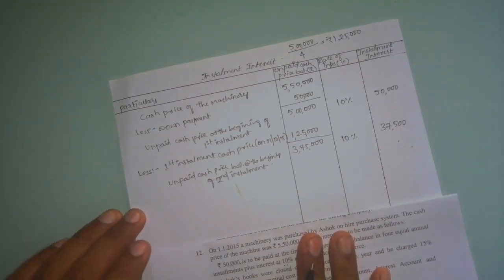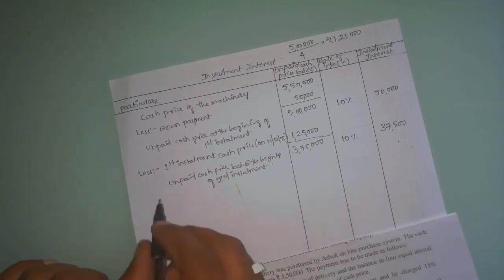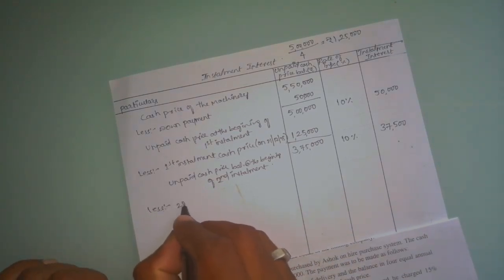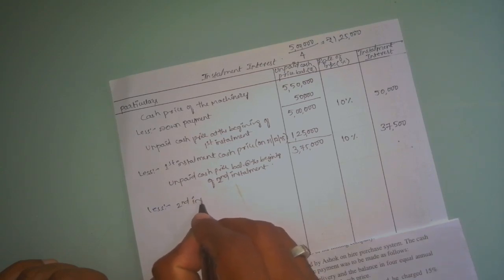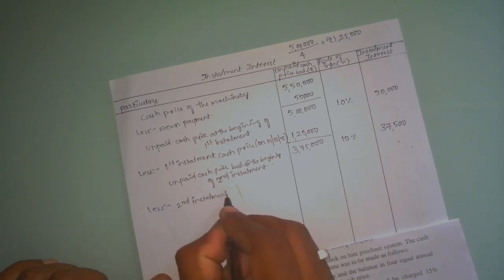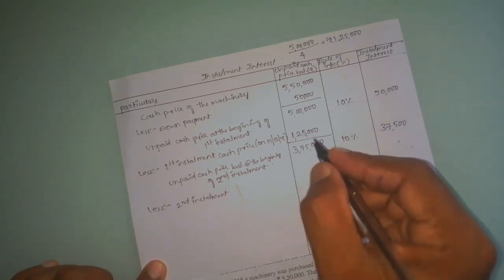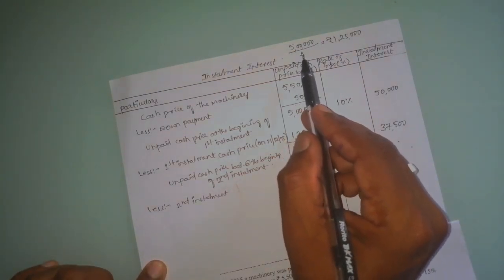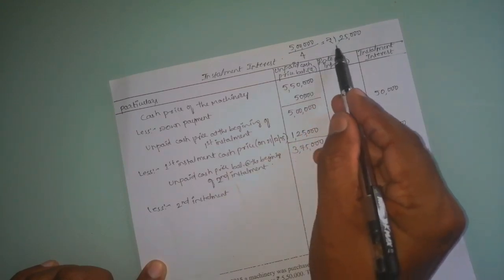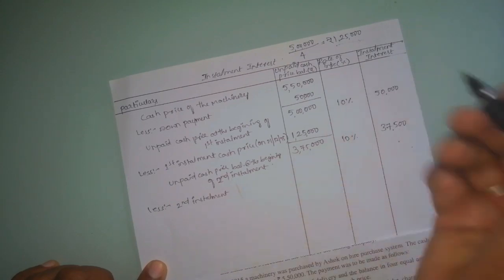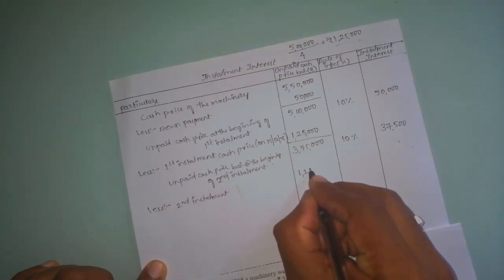After that, again less second installment. How much is the second installment? I already said 5 lakhs divided by 4 equal annual installments leads to 1,25,000. Every installment consists of 1,25,000.